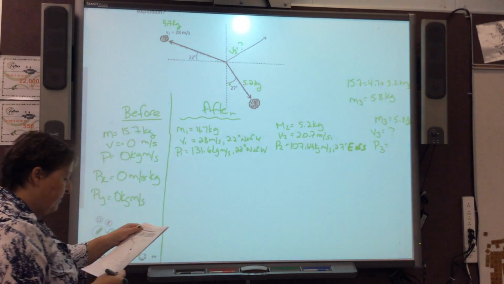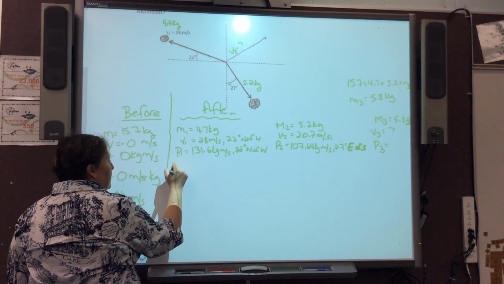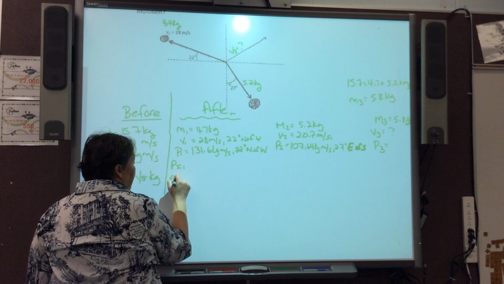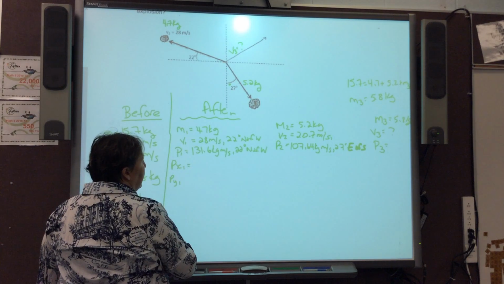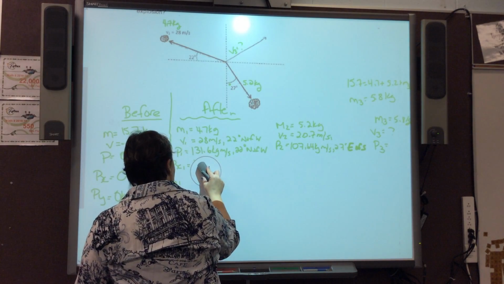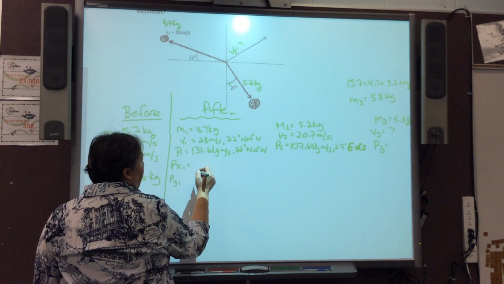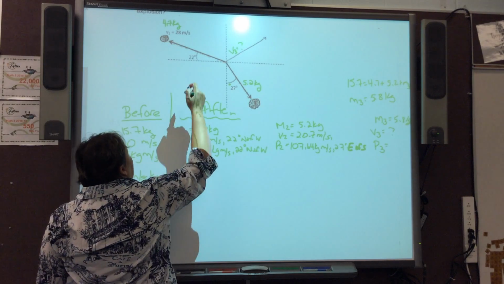So, where do we go from here? Working on what you just worked on, what is it that we need to solve? We're doing trig, remember? We need to find them in the x's and the y's. So you need px1, you need py1. So we have 4.7. Let's do this a little bit differently.